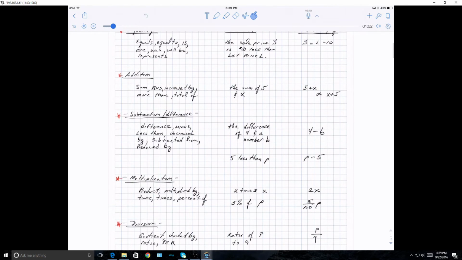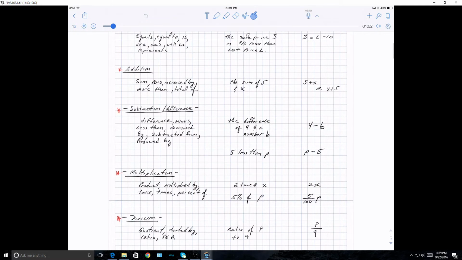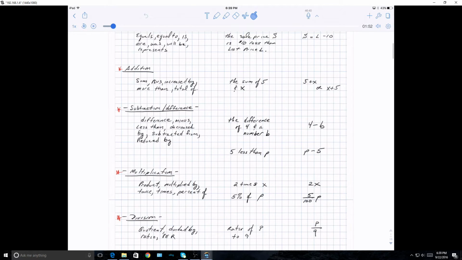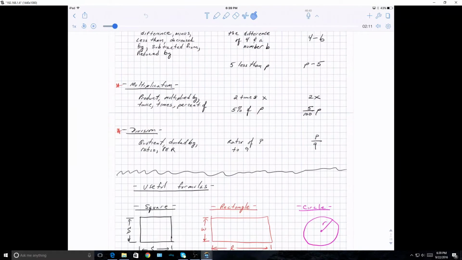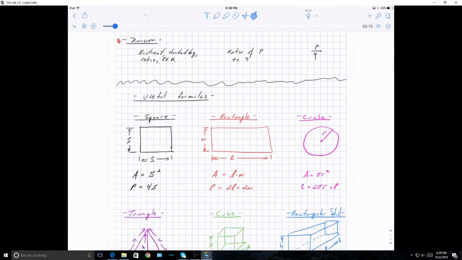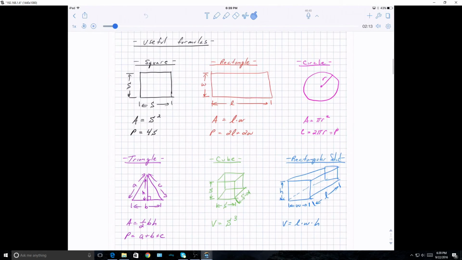All right, so let's get to it. So here are some more useful formulas. Now, what I'm trying to do here is just give you all the information up front before we actually begin. So we're just here to show you some useful formulas. Just areas and perimeters mainly for the basic shapes and volumes.